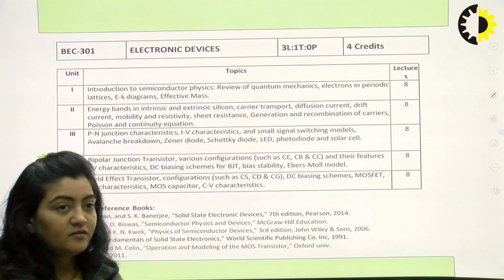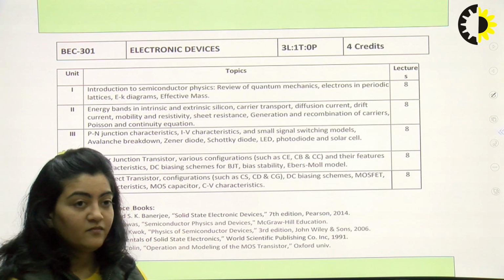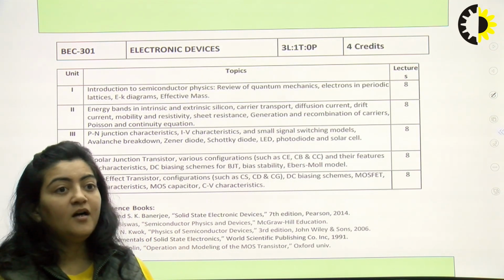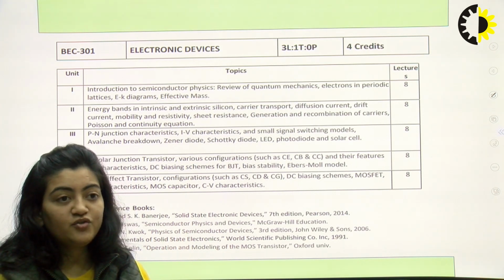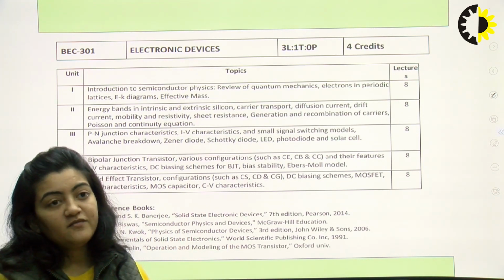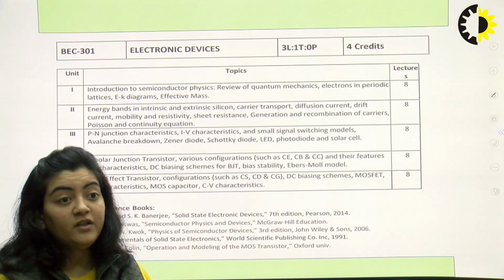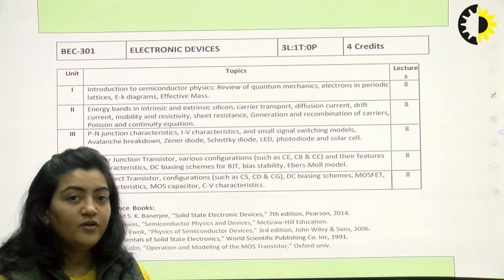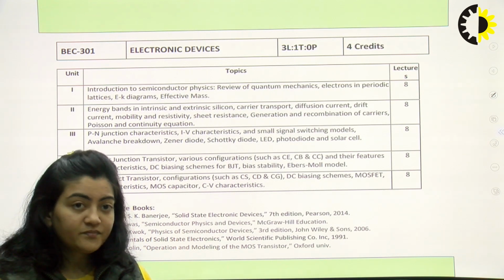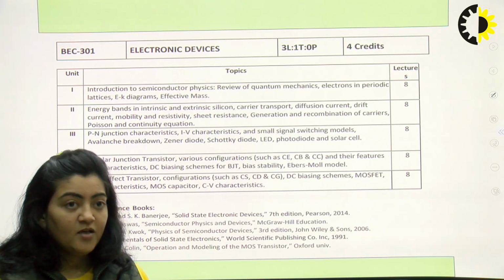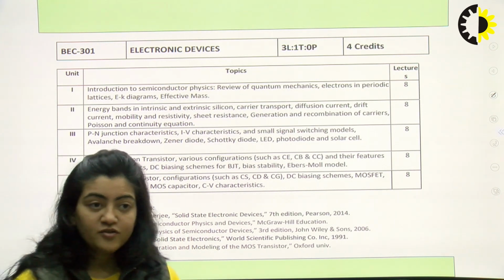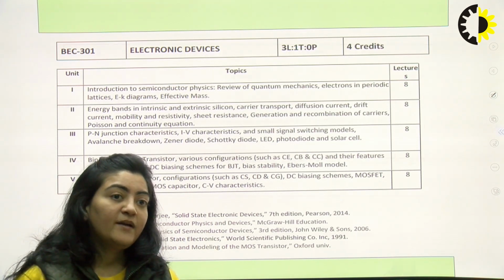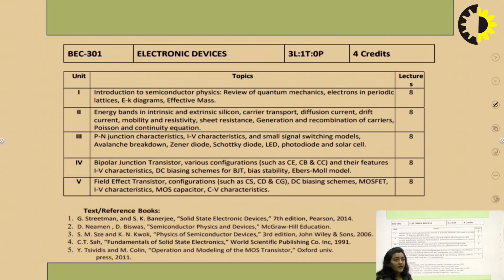Then in the fourth unit we will see one such device, which we call a bipolar junction transistor. Transistors are very useful electronic devices when we move towards logical programming or logical circuits, because using a transistor you can easily manufacture logical devices like microcontrollers and microprocessors.